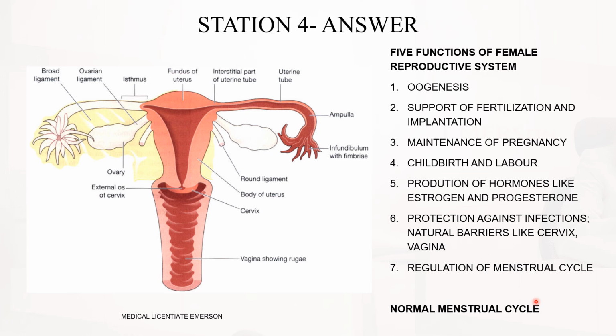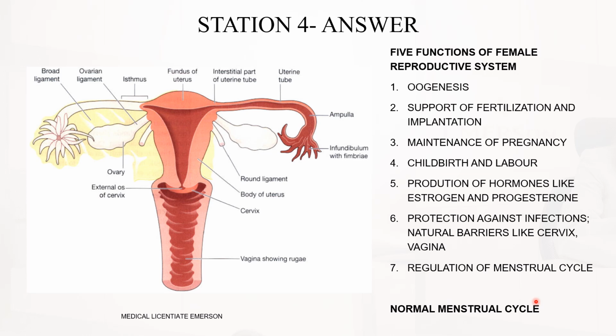The follicle stimulating hormone is going to stimulate the ovaries to start producing the follicles. Specifically it's going to induce about 15 to 20, and only one is going to mature into a dominant follicle, which we call the Graafian follicle.